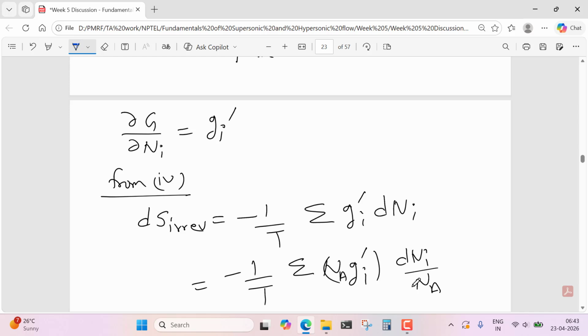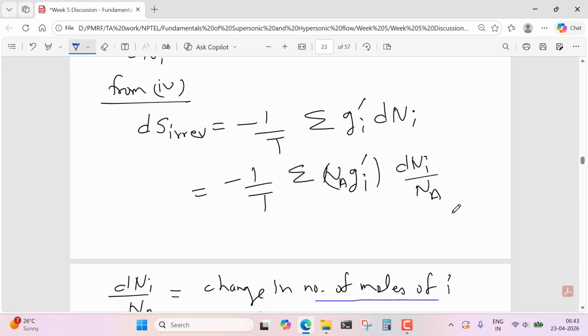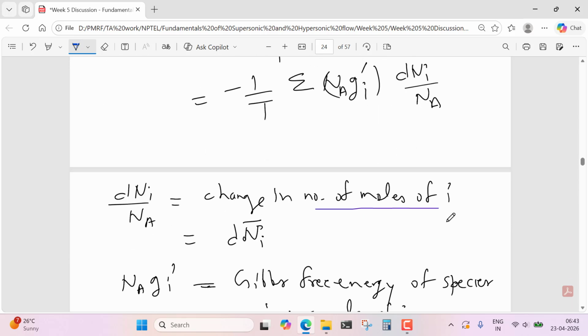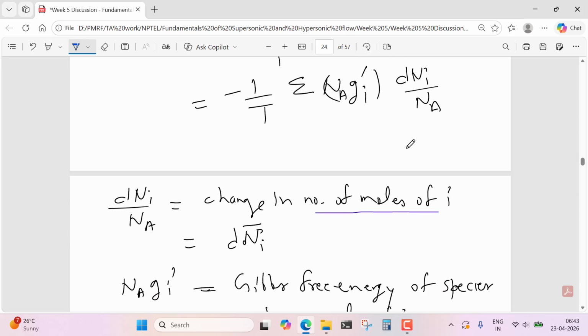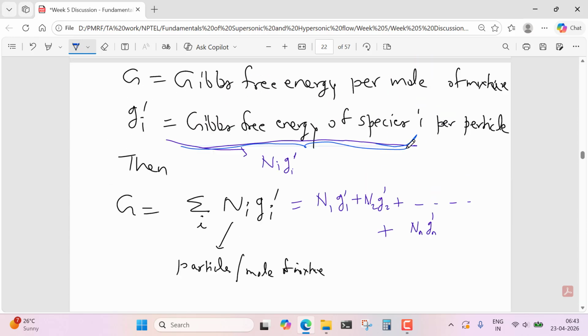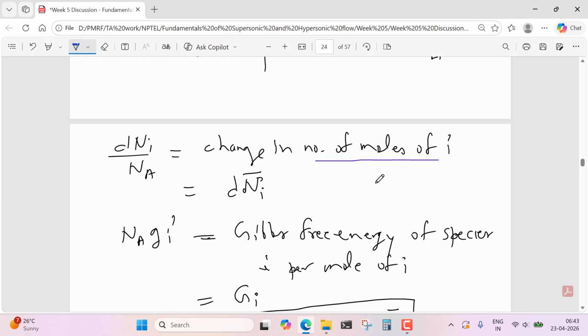The number of particles upon Avogadro number will be the number of moles of species i, so the change is dNi bar.